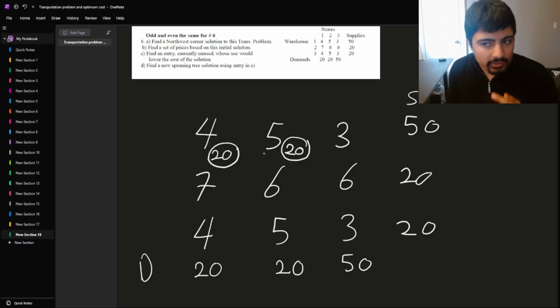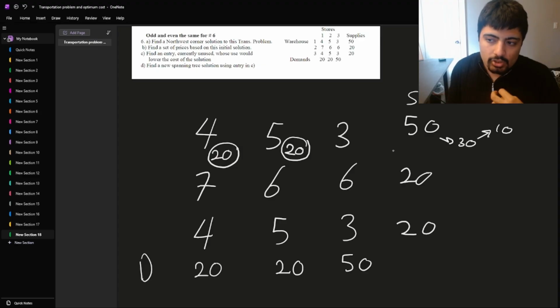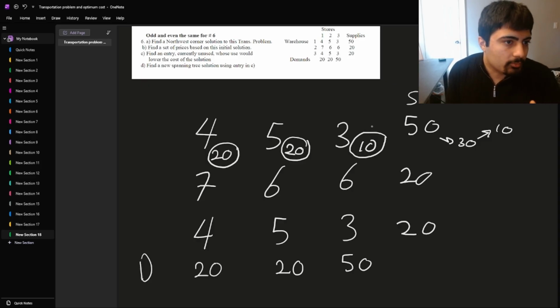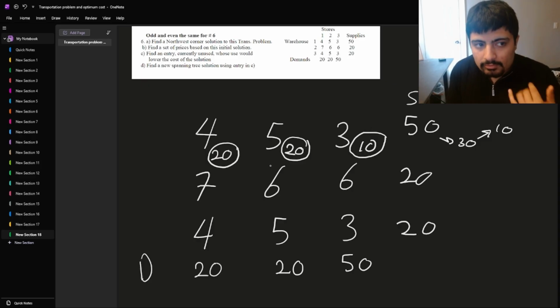But notice how we're eating up the supply. This was 50, and the first time we used it, this became a 30, and now it's a 10. So we need to keep in mind that we have a limited amount of supplies as well. So this can, at maximum, go up to 10. We cannot go any more than 10. So we met the demand of column 1 and column 2, and now we're trying to meet the demand of column 3.